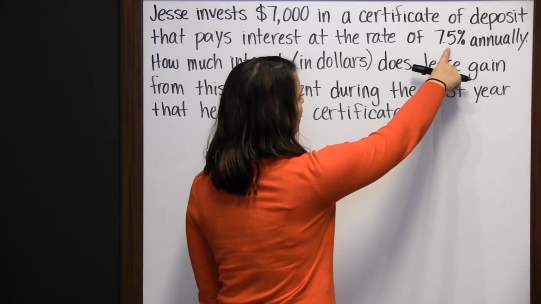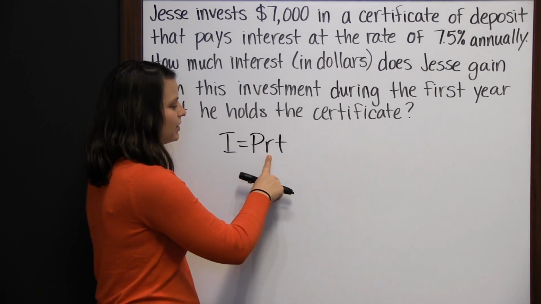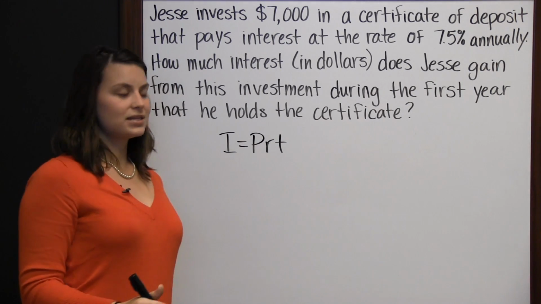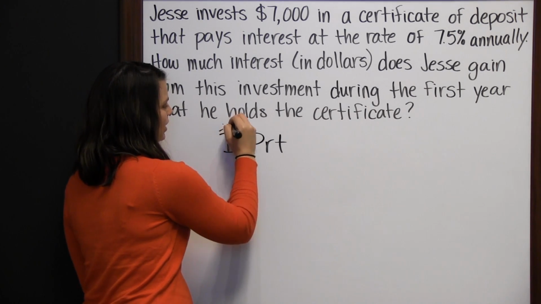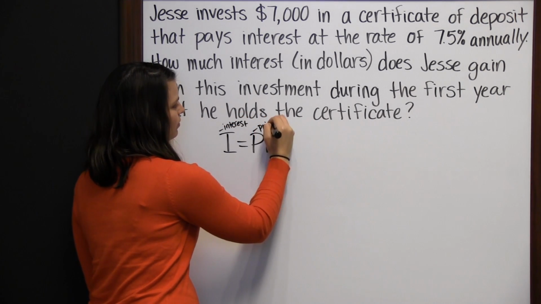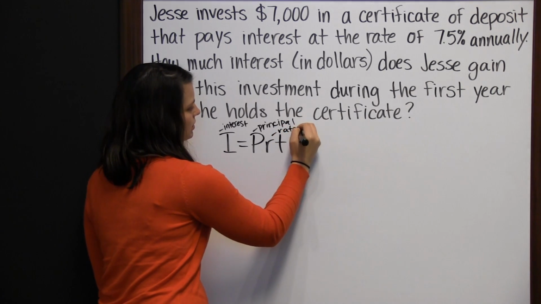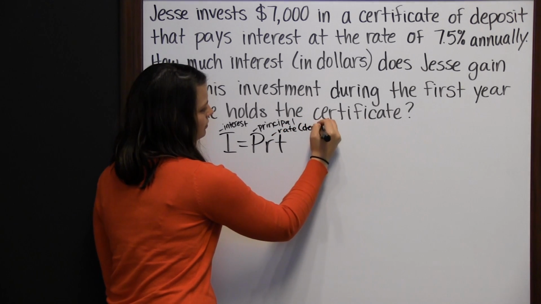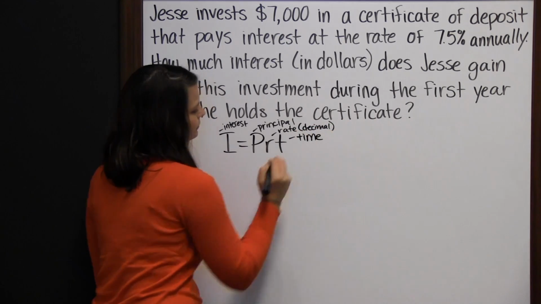So we're going to take 7.5% and write it as a decimal, and that'll be our rate. And then T stands for time. So you may want to make a note of that. I is the interest, P is the principal, R is the rate as a decimal, and T is the time.